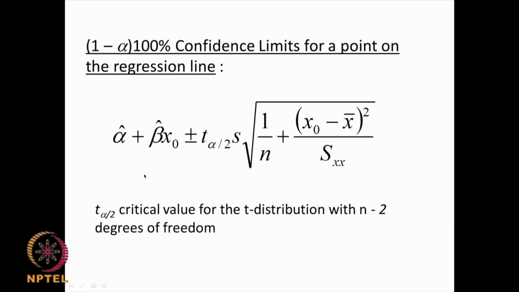So if I am predicting a y naught at a value of x naught, it is not just the slope and the intercept alone, there is a plus or minus term coming in here, because there is always a confidence limit. Do you understand? A 95% confidence limit is associated with this, and that is given by this. So you need to consider the confidence limit for the slope, the confidence limit for the intercept, as well as the confidence limit for a point on the regression line.